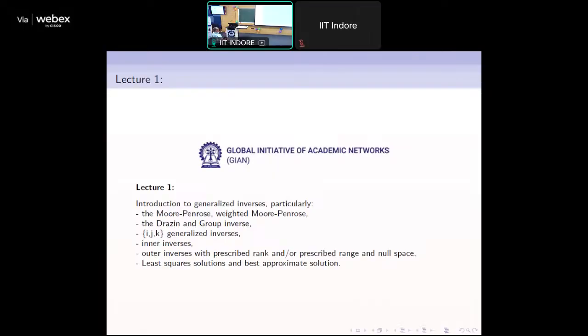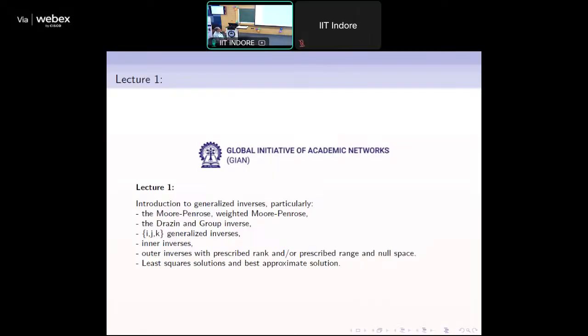Then we will present some classes of non-unique generalized inverses, so-called {i,j,k} inverses, most popular inner inverses, outer inverses with prescribed rank and prescribed range and null space.